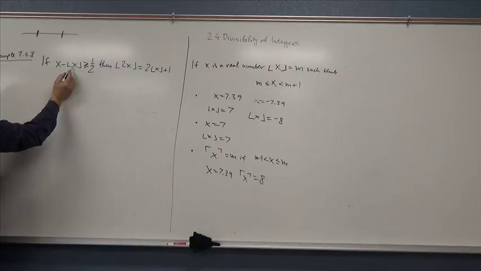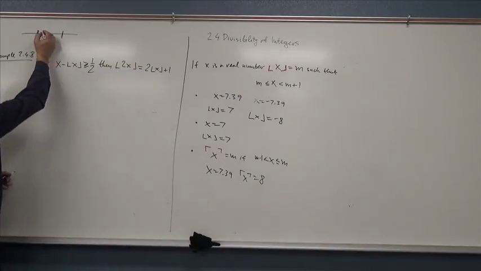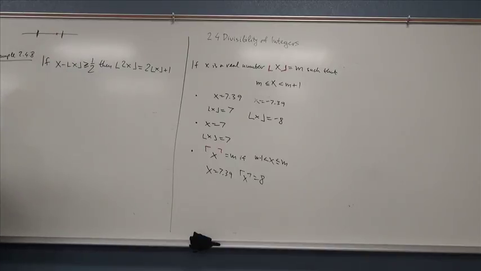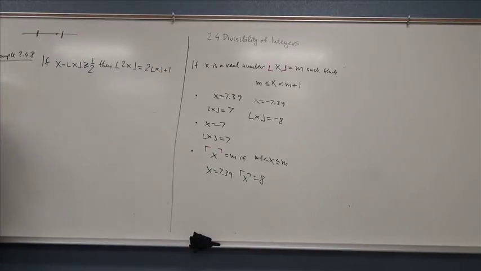But here it says you are quite far away from your round down. So you are somewhere here, not close to your floor, you are fairly far. And then what happens? When you double your number, the fact that you have more than half will give you an extra 1. So generally, instead of just doubling the floor, you actually double the floor and get an extra 1. So it should make sense.